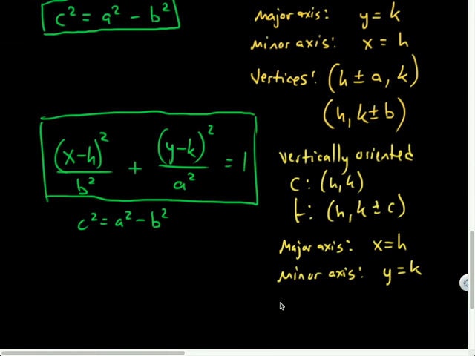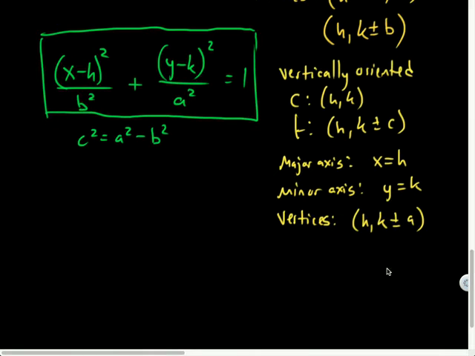And then the vertices. If this is a vertically oriented ellipse, the major axis vertices would be h comma k plus or minus a. So this time I add the larger radius to the y coordinate and the smaller radius to the x coordinate.